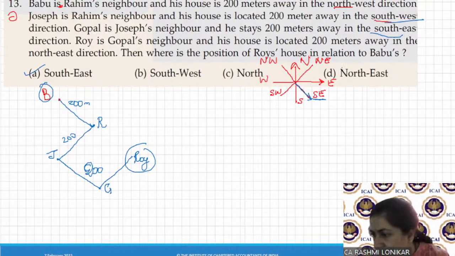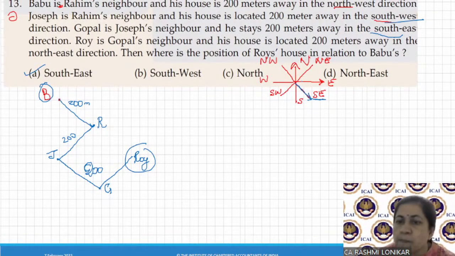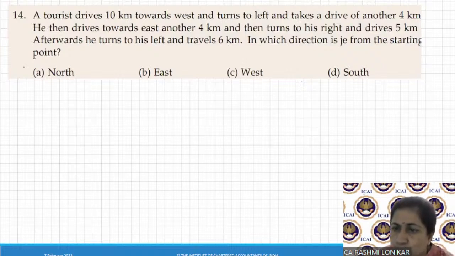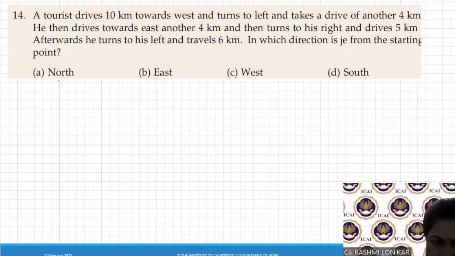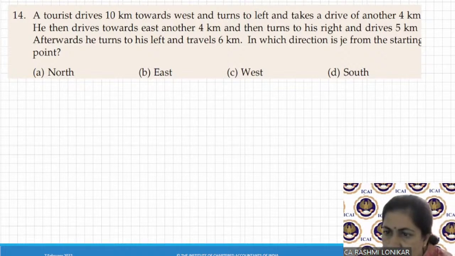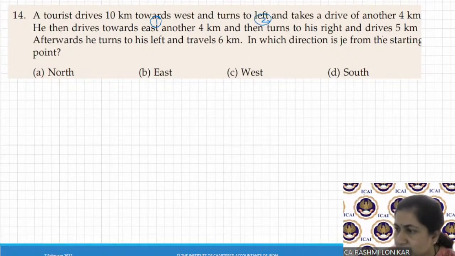Okay. Let us go to the next sum. A tourist drives 10 kilometers towards west and turns to the left. Okay, so this is the first point. 10 kilometers to the west, turns to the left and takes a drive. This is the second point. Turns to the left and takes a drive for another 4 kilometers.